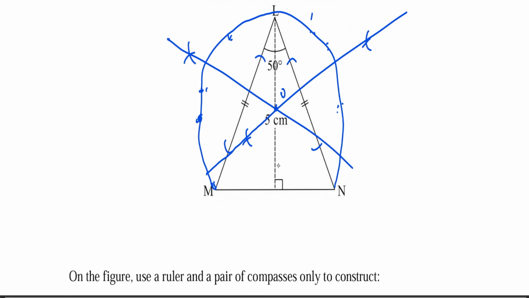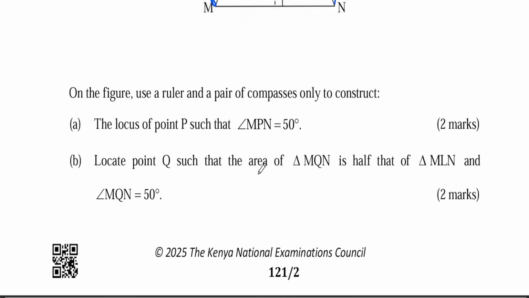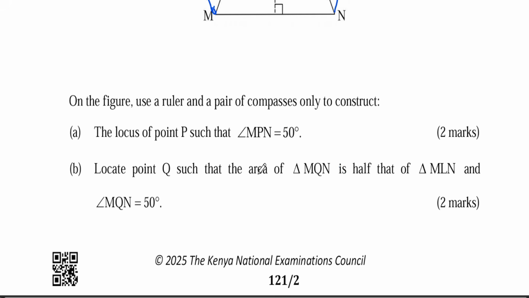We don't know this precise location kwa sababu umeambiwa is bado 50 degrees. So lazima if you draw something from MN to that circle, lazima itakuwa 50, but we don't know that exact point. But whatever you've been told is that triangle MQN is half that of MLN.